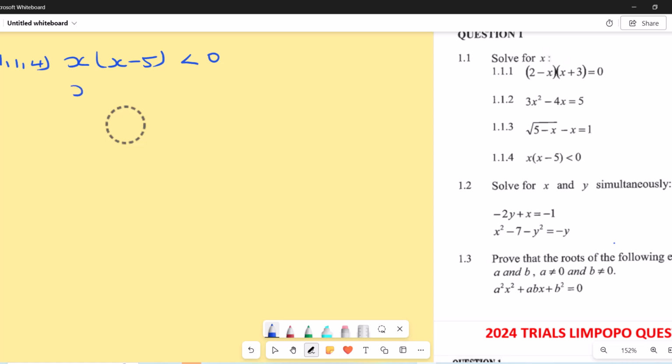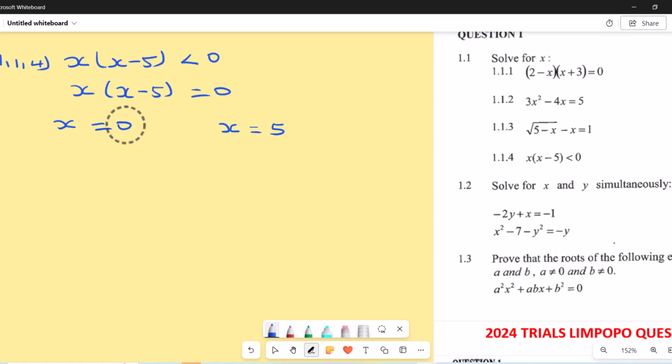So we are going to solve x times x minus 5 equals 0 to get critical values. From here we can see that x equals 0, also x equals 5. Now these are the critical values where our parabola cuts the x-axis.